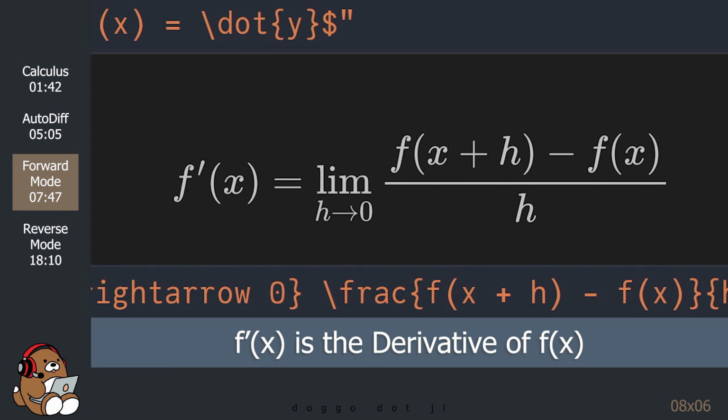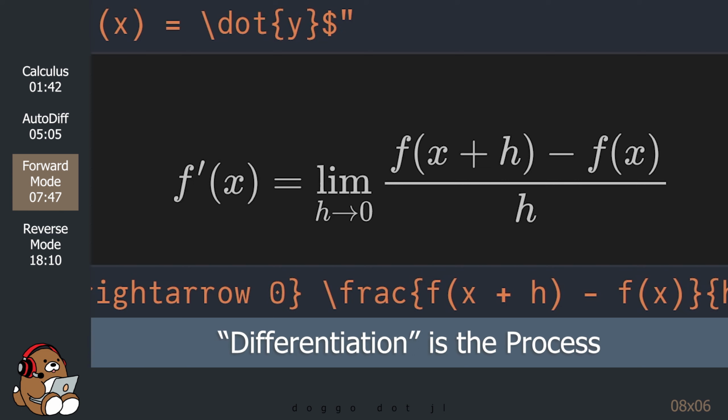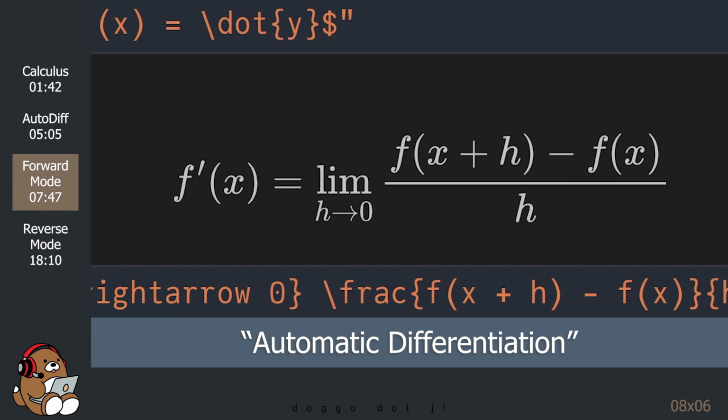The result is a new function, f prime of x, which is the derivative of the function f of x. The process of finding the derivative of a function is called differentiation. Using a computer to find the derivative of a function is called automatic differentiation.